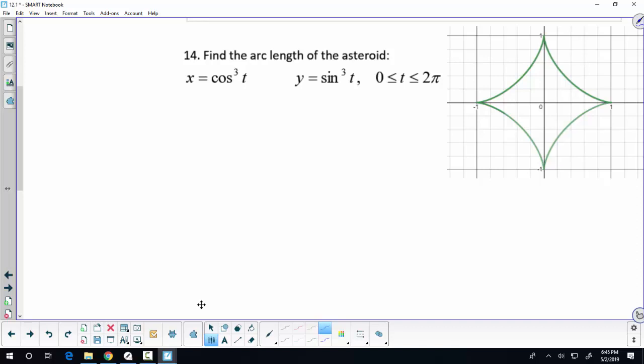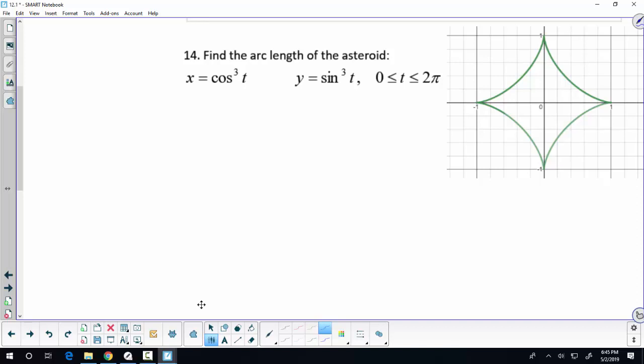If we didn't have any graph, it would probably say something like, assume that a full revolution is made between 0 and 2 pi.